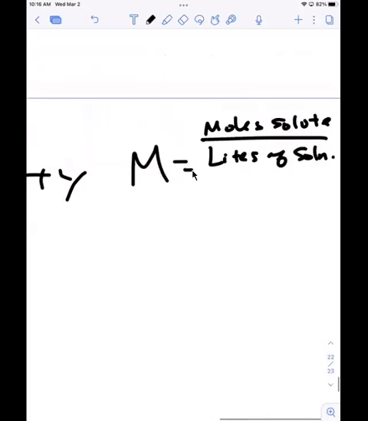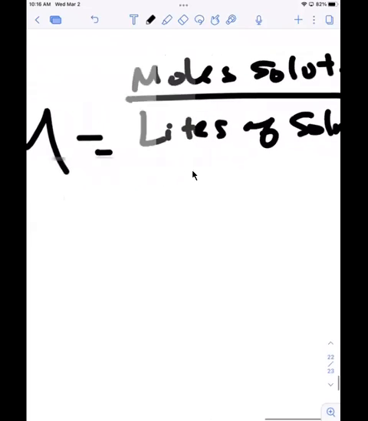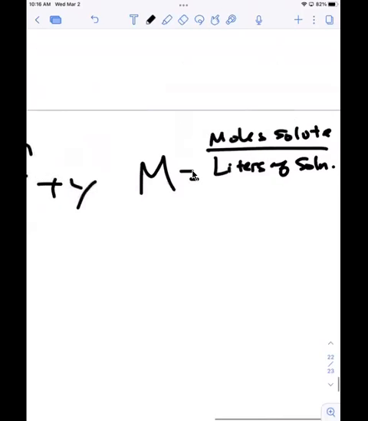Notice I didn't say liters of solvent because the solute and solvent are separate. But when you mix them and the solute gets dissolved in the solvent, they become a solution. So it's moles of solute divided by liters of solution.